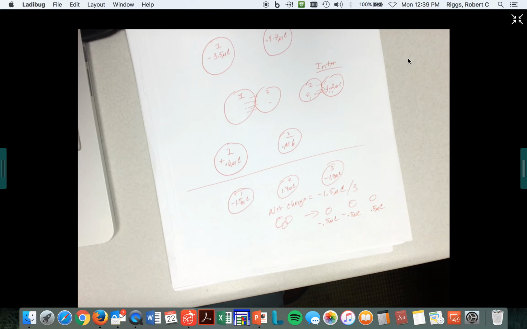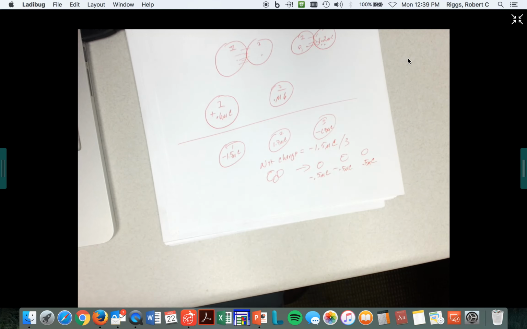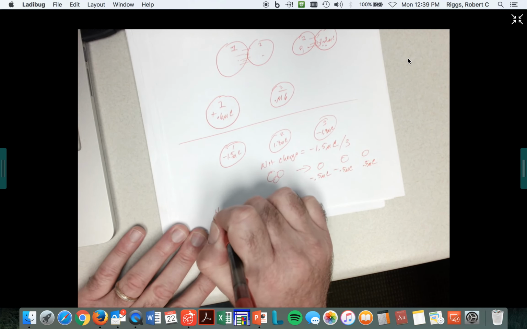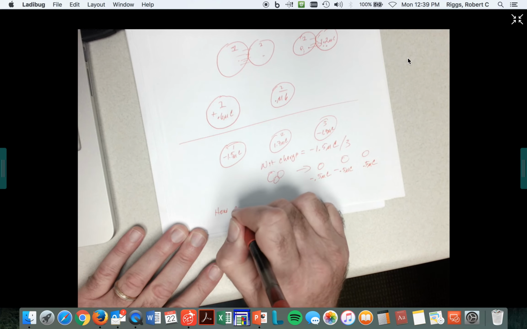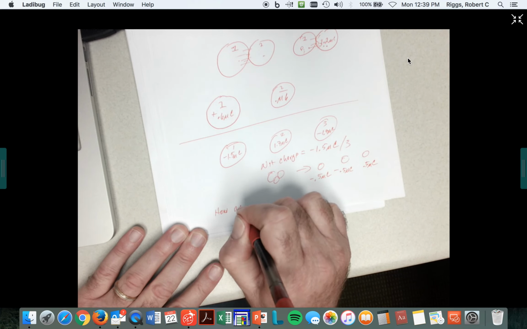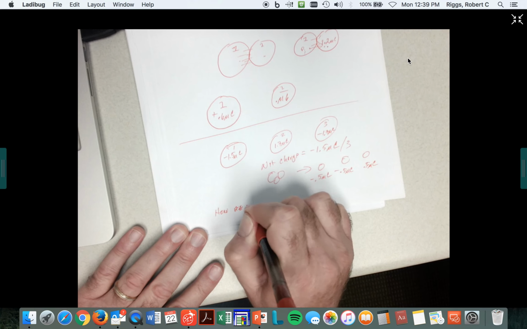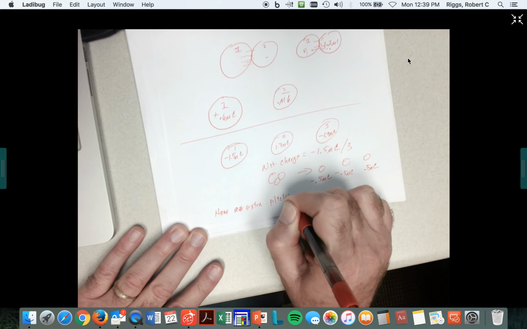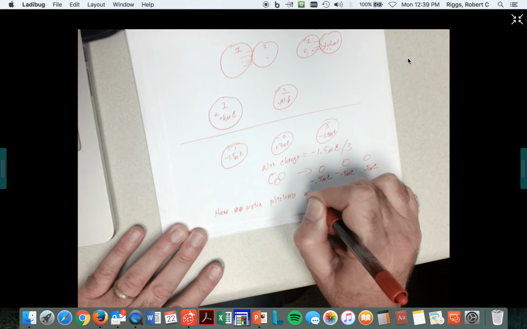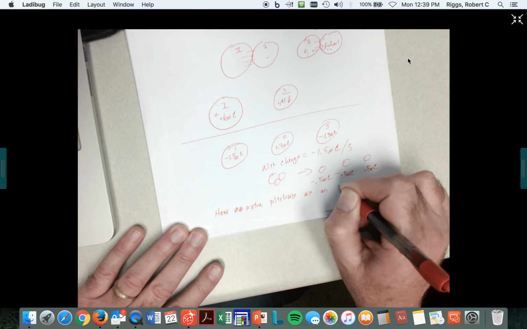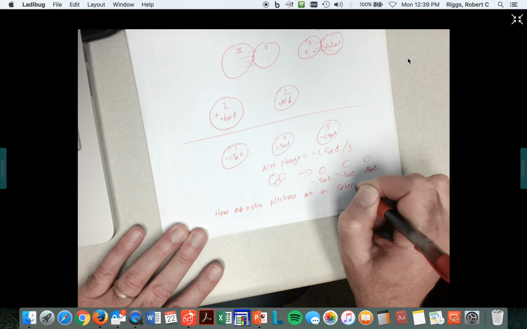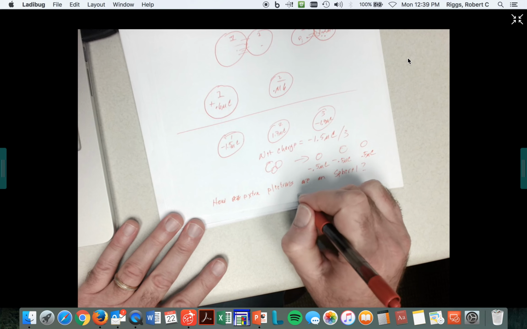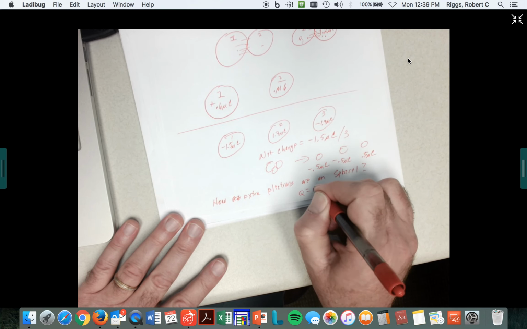And then another question should be, how many extra electrons are on sphere 1? Oh, that's easy, because you know that the amount of charge is equal to N times e.